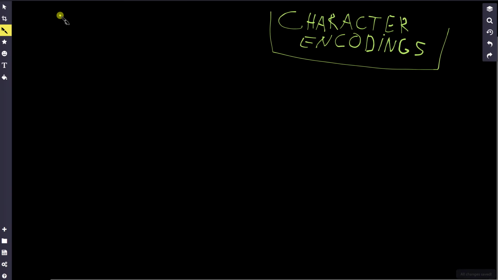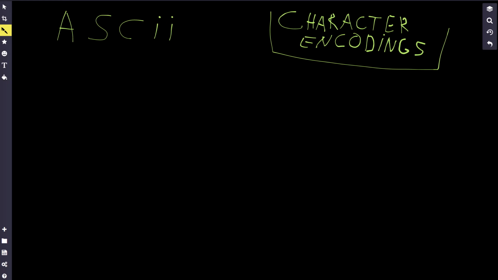So, let's start with discussing a standard that is called ASCII. And to discuss it, we should travel back in time to 40 years ago. The world of IT was simpler back then. The hardware wasn't as powerful, the software wasn't as complex, and to be honest, personal computers were a luxury in many countries.